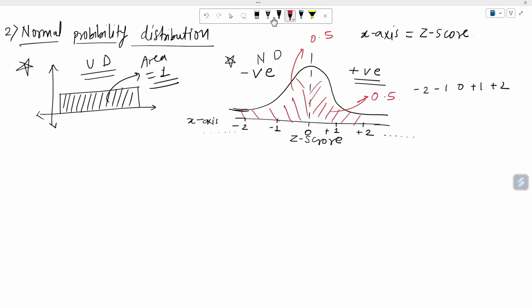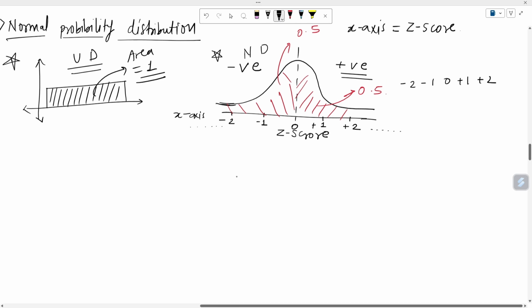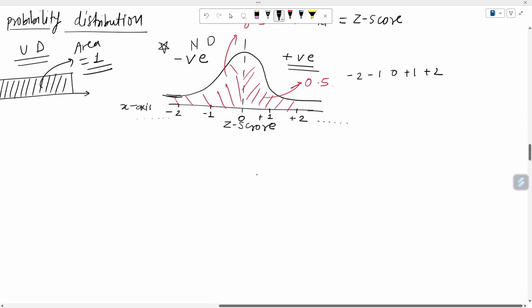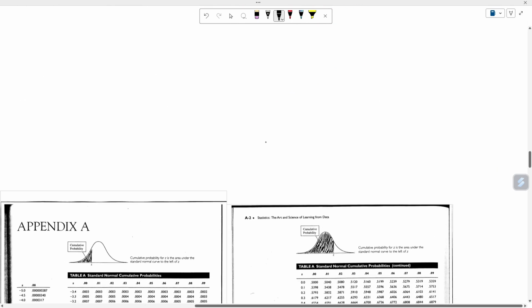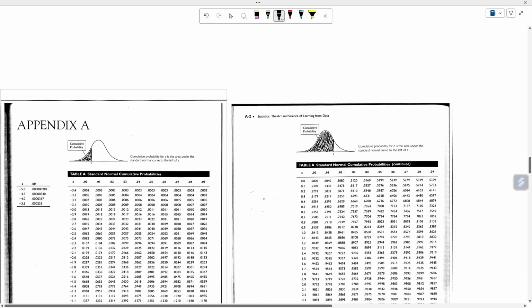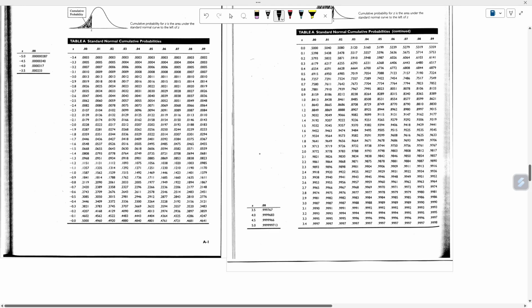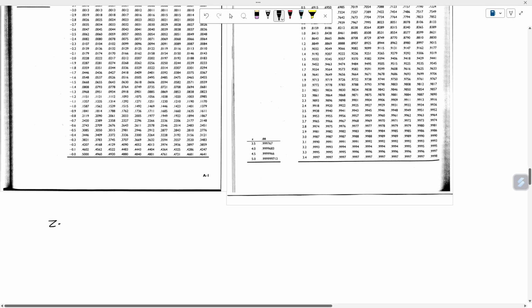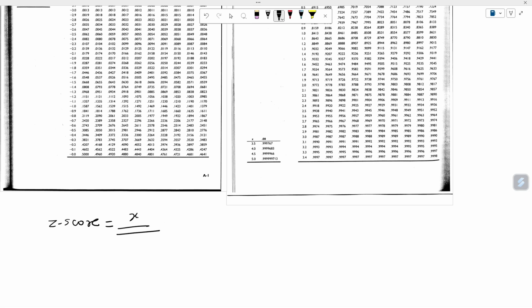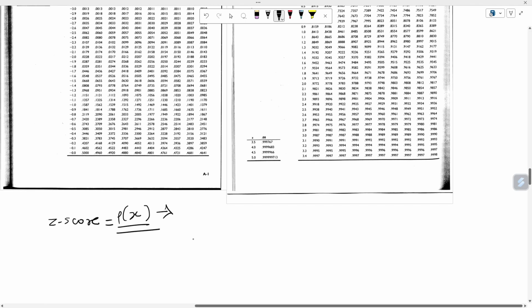so the concept of normal probability distribution is really important, because when you compute any random z-score, you will have to find out the probability with the help of this chart.